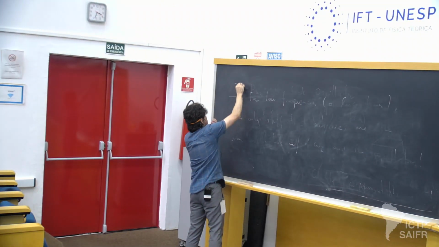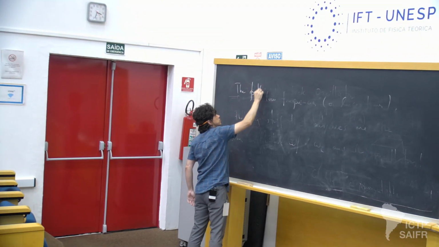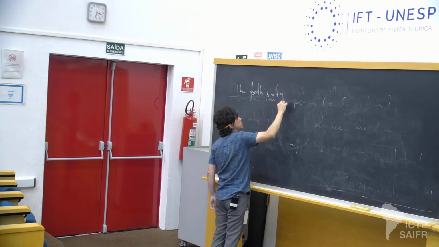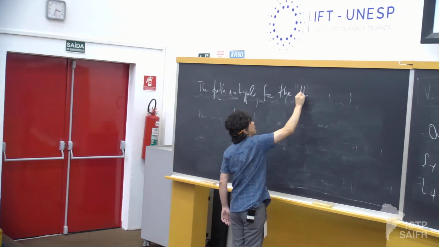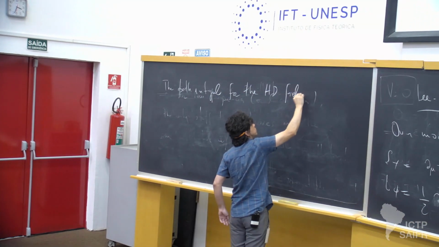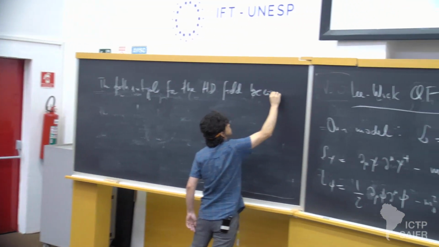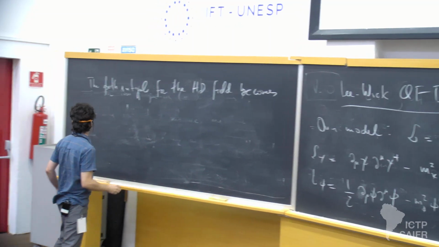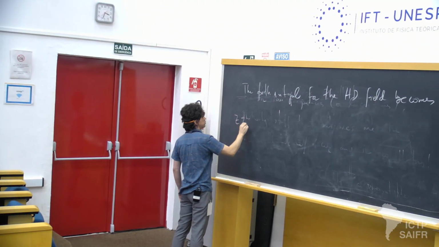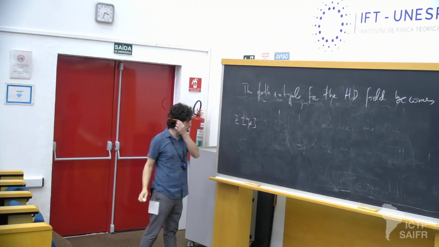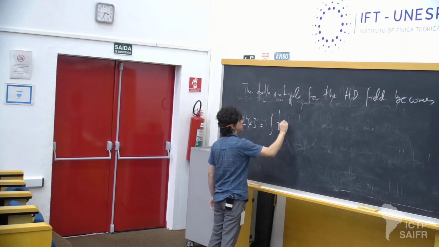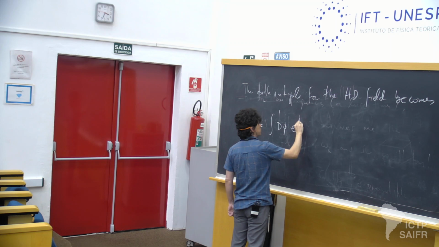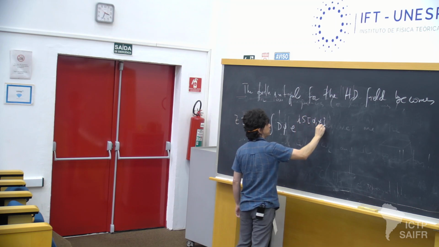So the path integral for the higher derivative field becomes, of course, dependent on the chi field, so you cannot forget it. Before, you had something like this, the action with phi and chi.